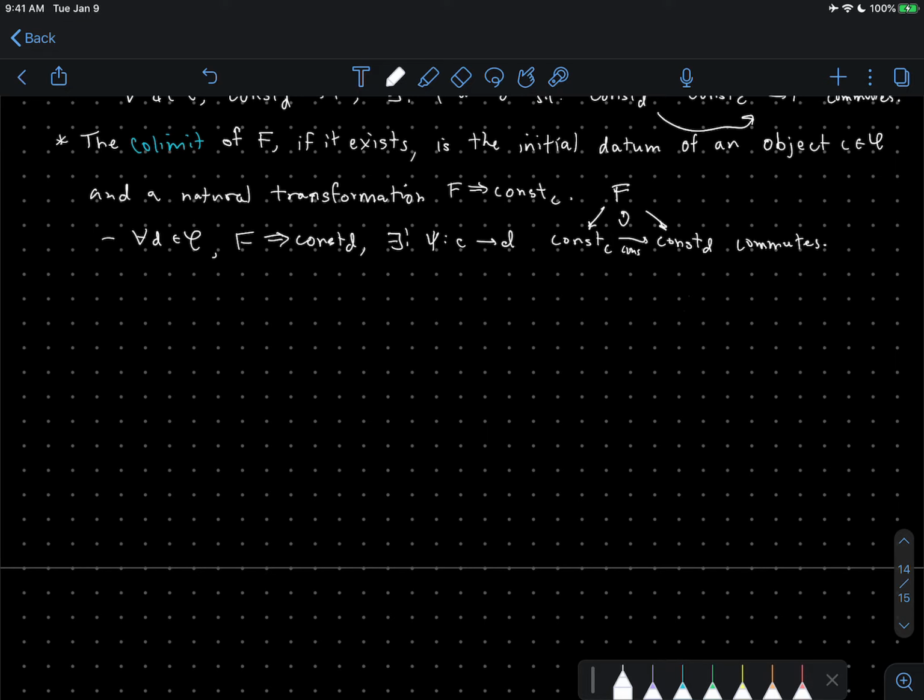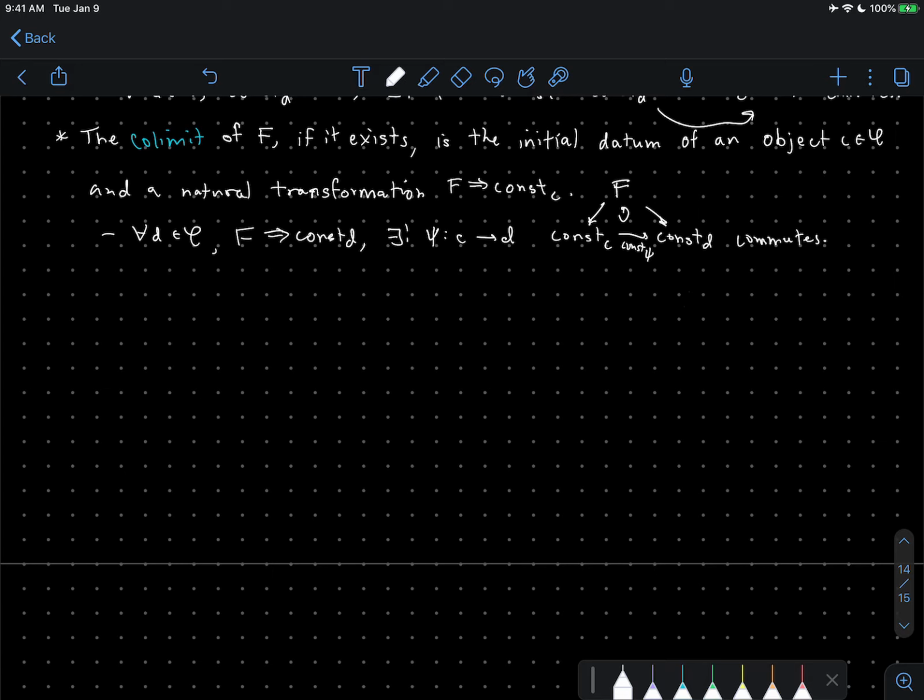And here is const C. So by abuse of notation, we also use lim F, or respectively colim, to refer to the object, not also its accompanying natural transformation.